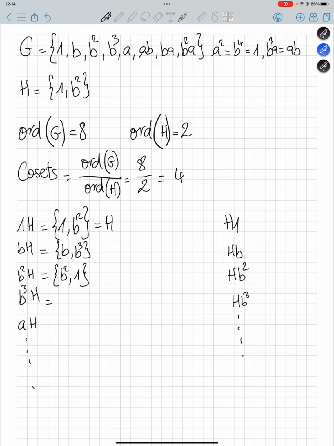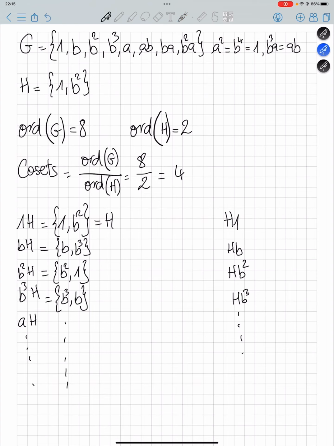B cubed H is B cubed composed with identity, then B cubed composed with B square. So B cubed composed with identity is B cubed, then B cubed composed with B square is B5, but B5 is B4 composed with B, and B4 is identity, so we have B.